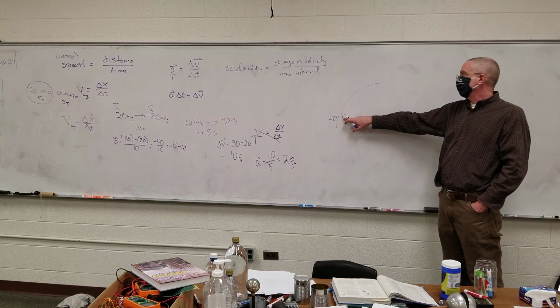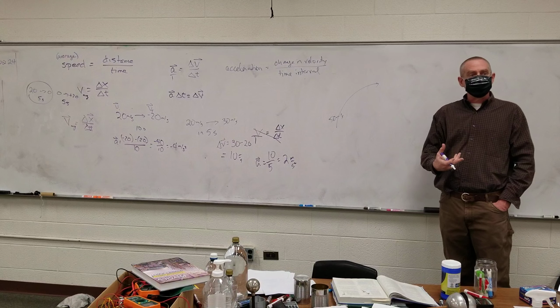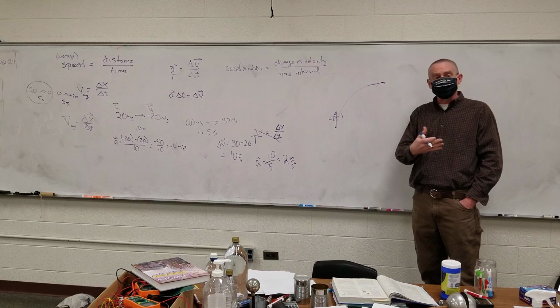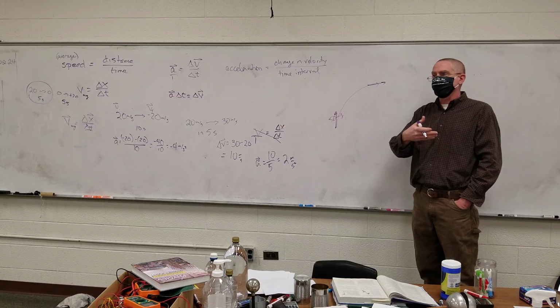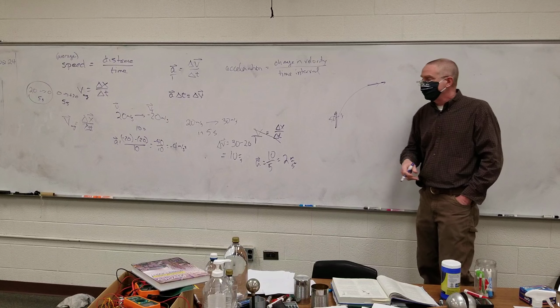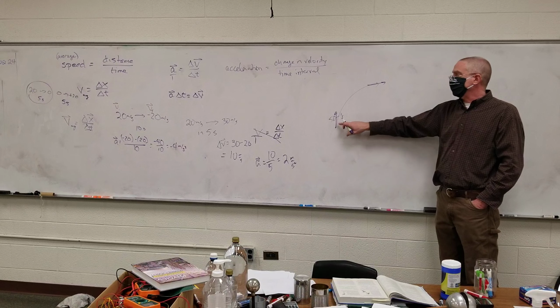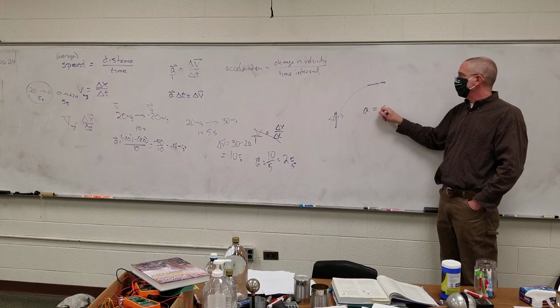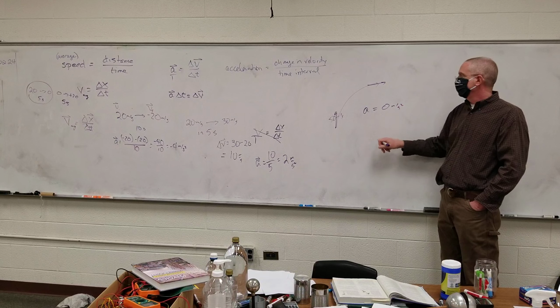If you're taking a curve at 50 meters per second, your velocity changes because your direction changes, therefore you do have vector acceleration. However, your speed doesn't change at all.